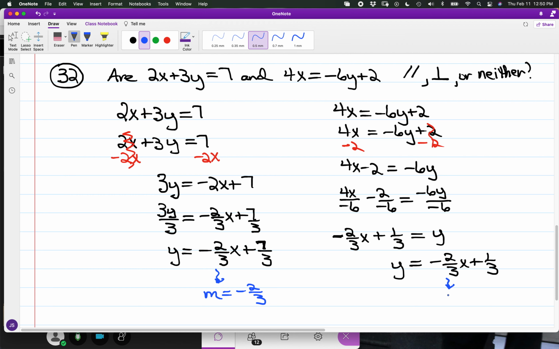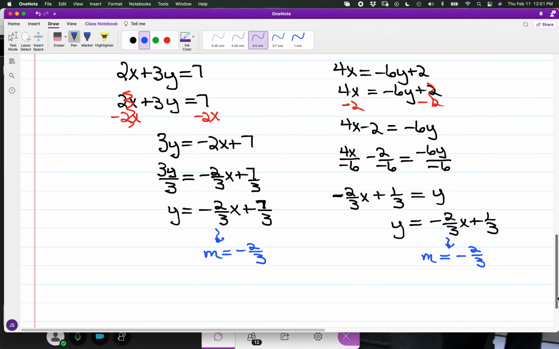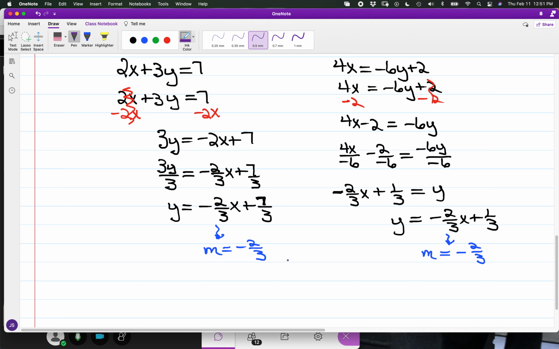And so in the slope-intercept equation, it turns out that for this line, the slope is equal to negative 2/3. Now we have different lines. For the first one, this translates out to y is equal to negative 2/3 of x plus 7/3, and the second is y is equal to negative 2/3 of x plus 1/3. And if you notice, the outcome for the slopes is the same slope, negative 2/3.